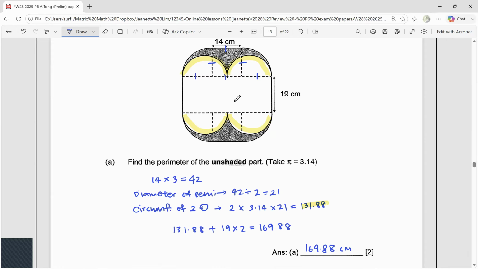Okay, I'm just going to ignore this part in the middle. Just take the top, take the bottom. So quadrant, square, quadrant, quadrant, square, quadrant, then minus the 4 semicircles. Okay, so the quadrant radius is 14.